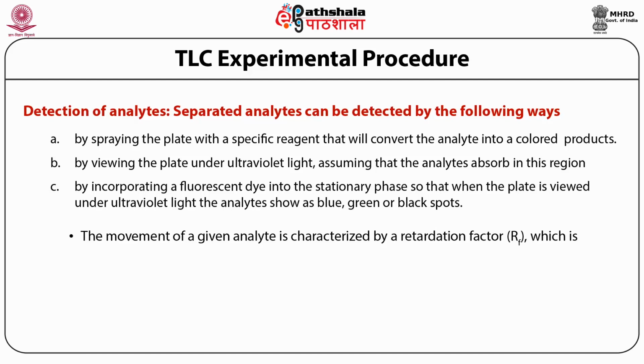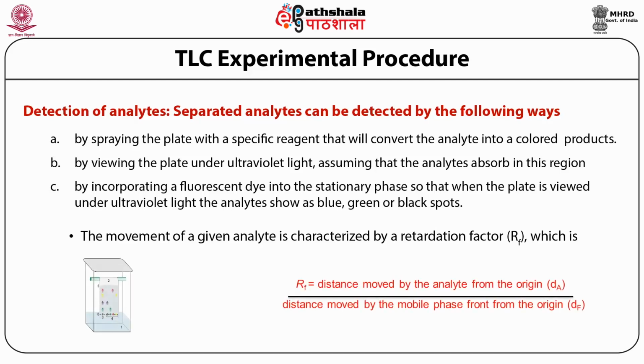Retardation factor is basically the distance moved by the analyte from the origin, called dA, over the distance moved by the mobile phase front from the origin, which is dF. As you can see in the figure, the pink arrows here depict the distance that has been moved by the analyte, and the distance that the organic solvent has moved onto the plate.